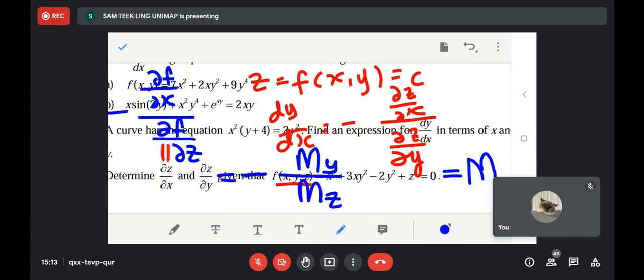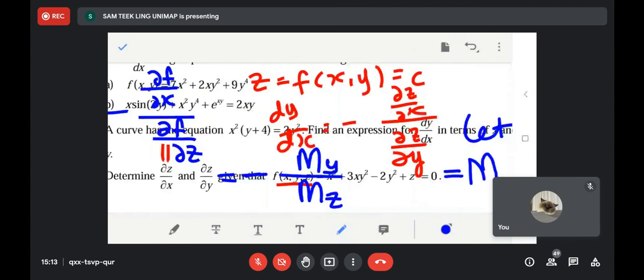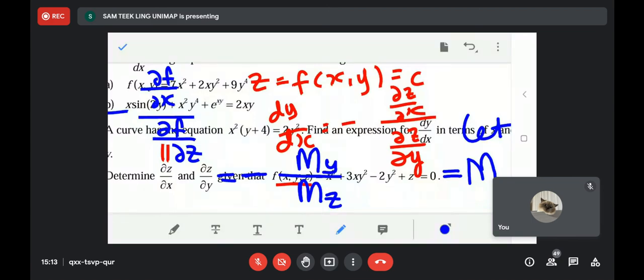We will get the same answer. It's no problem. You can say let m equal the equation, then you build the formula: ∂z/∂y equals negative differential of m with respect to y divided by differential of m with respect to z. Then after this, you continue to solve it.